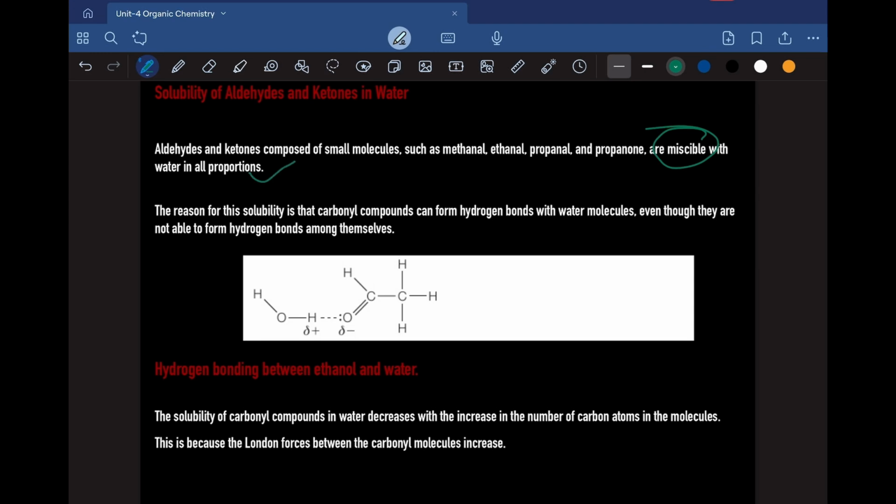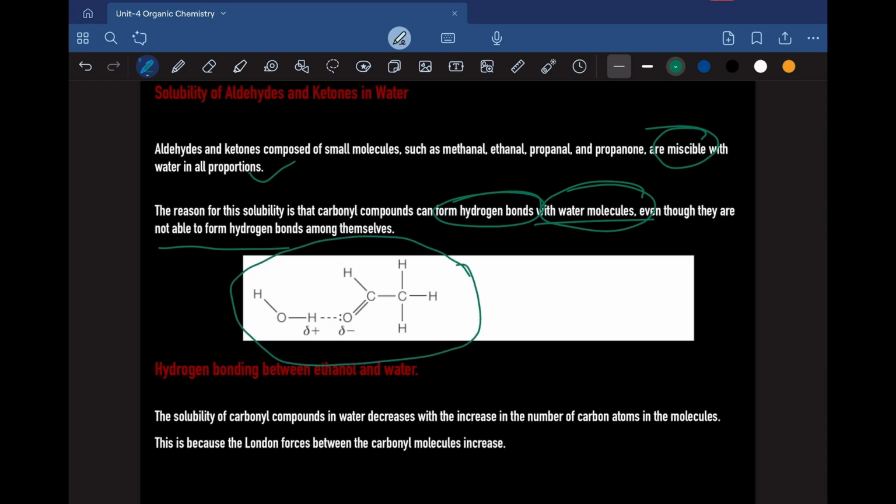So why are they actually able to mix? The reason for this solubility is that carbonyl compounds can form hydrogen bonds with water molecules. The same thing that I made you understand before: they do not form hydrogen bonds between themselves, but they can form hydrogen bonds with water molecules or anyone else. So basically here you can say they have formed hydrogen bonds with the water molecule.